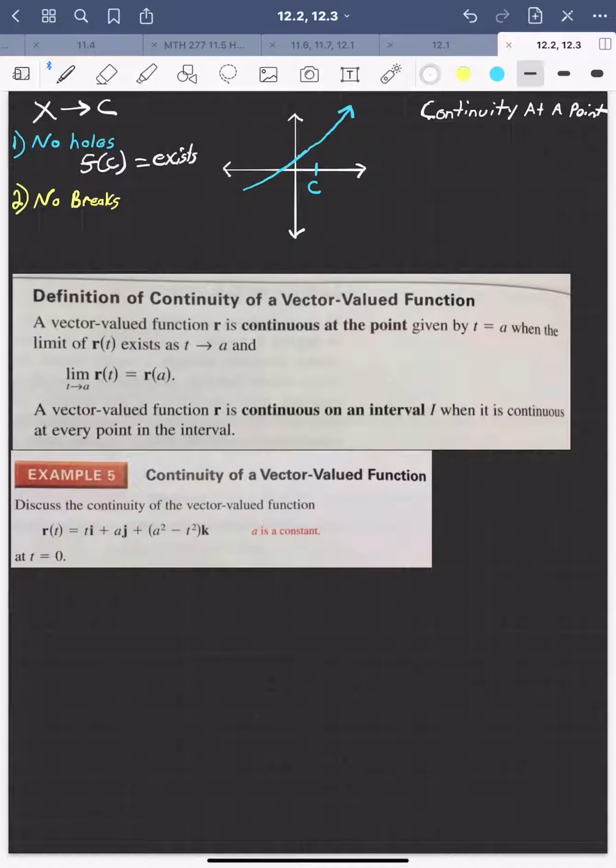Okay, so the next idea of continuity is to talk about there being no breaks in the graph. So let me erase this and let's draw a graph that has some type of break in it. Let's just assume that it's a vertical asymptote. So maybe your function looks something like this.